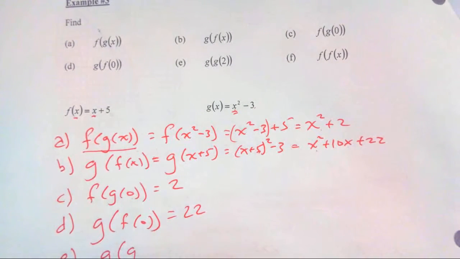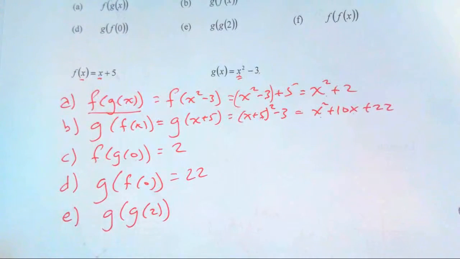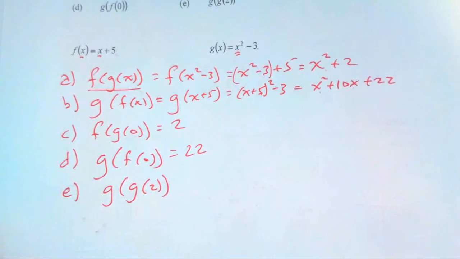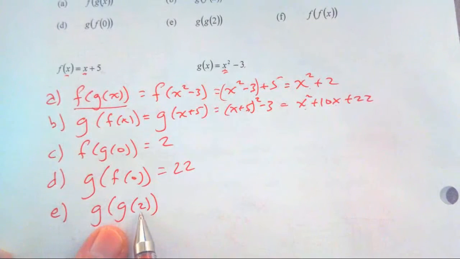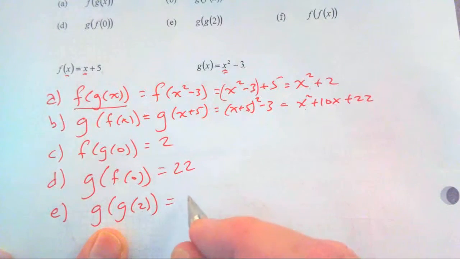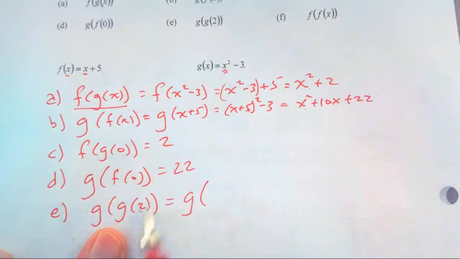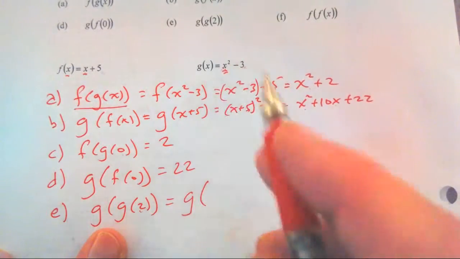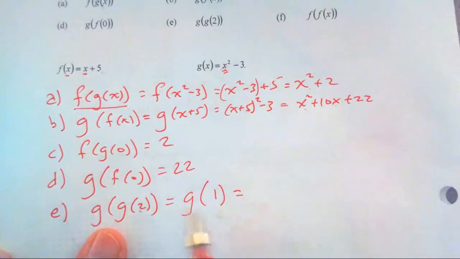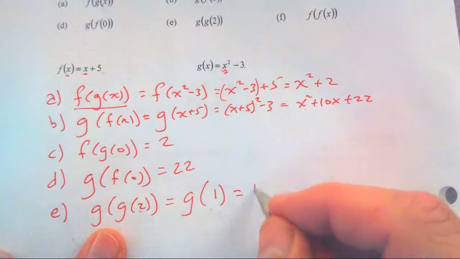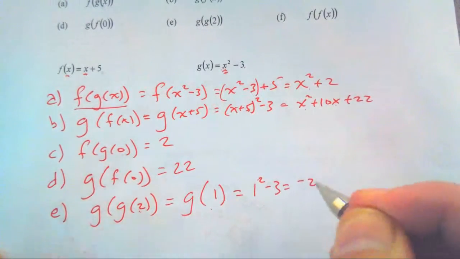E, I have not built g of g, and I wouldn't build g of g of x. I hope that was showing. I wouldn't build g of x for just one. But if I had a whole bunch of them, I might build g of x. I'd put 2 in g, 2 squared 4, minus 3, 1, and then run 1 through g again. 1 squared minus 3, negative 2.